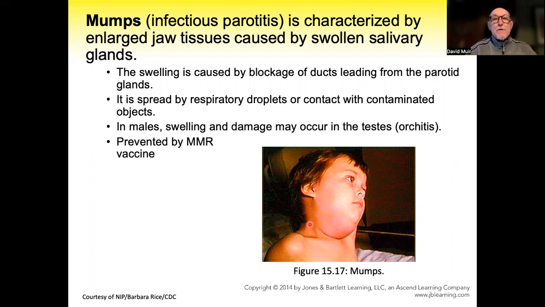Again, spread by respiratory droplets, but also by fomite as well. And it's in general in children. There are always exceptions, but in general, it's in children, it's a self-limiting disease.